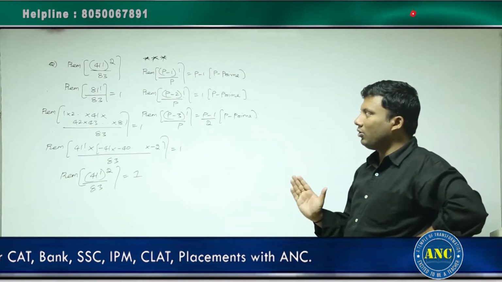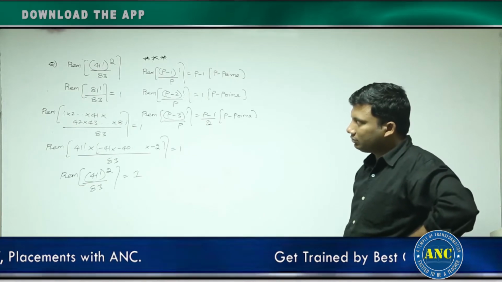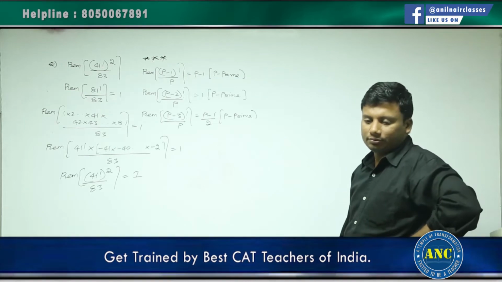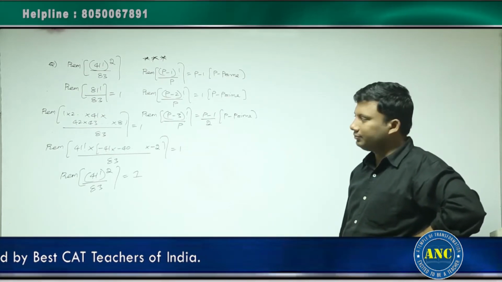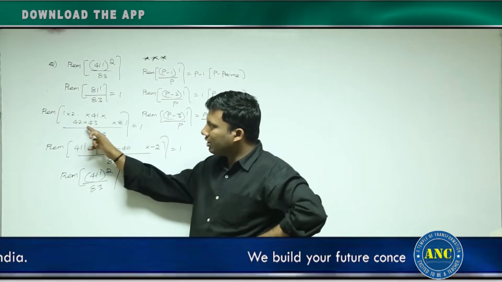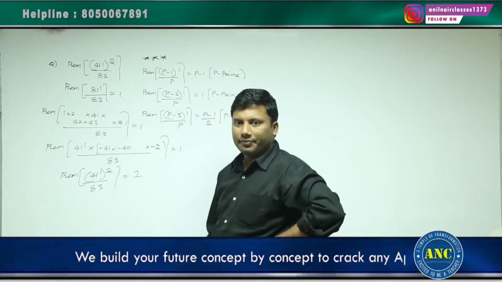This is the first one: 42 divided by 83, 83 ones are 83, minus 41, minus 40, like that.